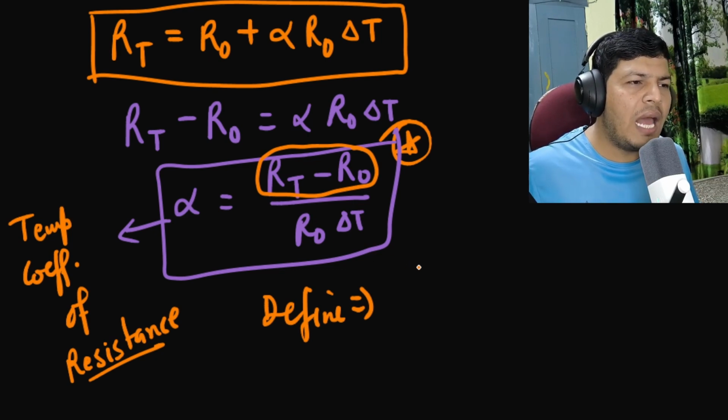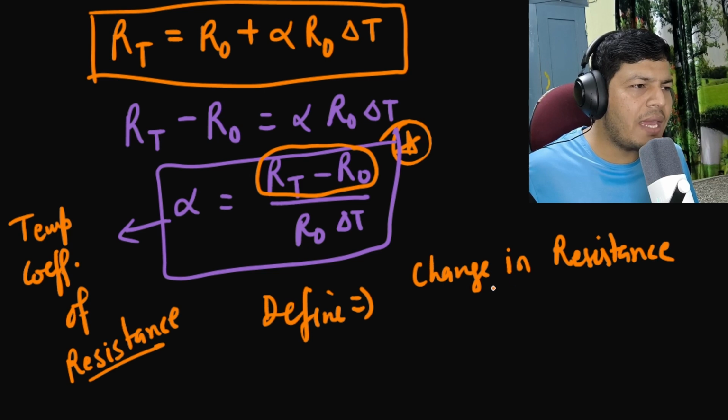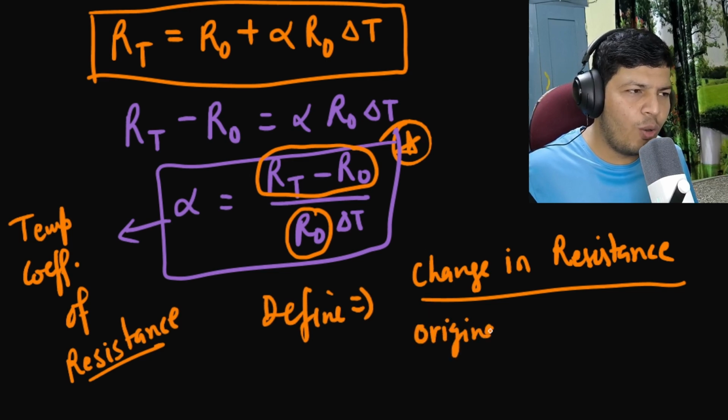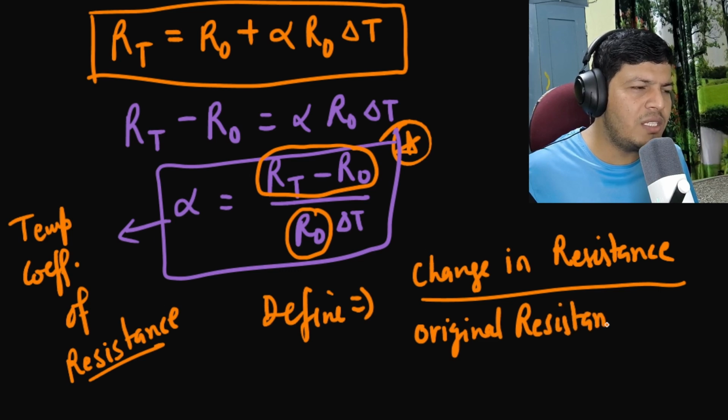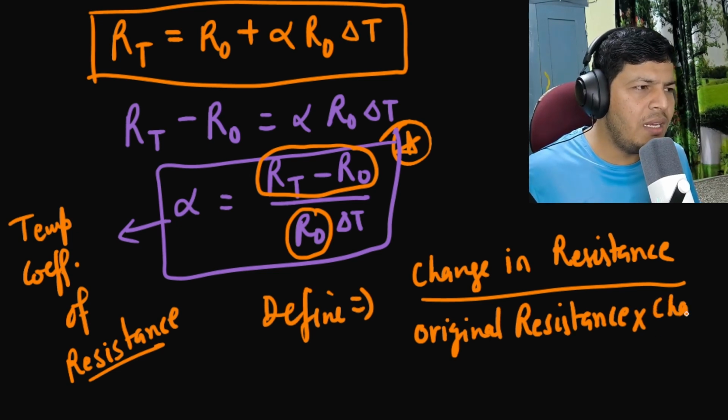So I'll write change in resistance first. And the second thing is we have another part in the denominator as well. This is original resistance. And then finally multiplied by change in temperature.